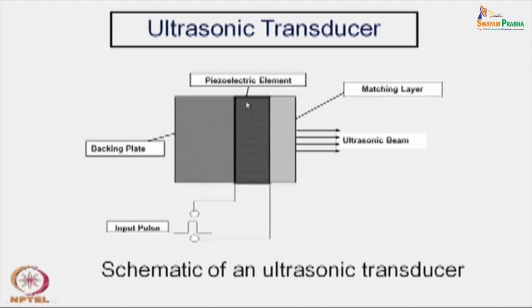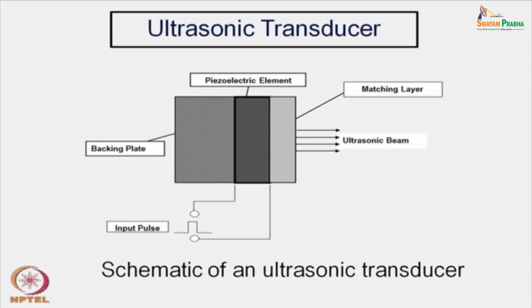We will mention one application in submarines where they call them sonars, where several 100 kgs of PZT material can be used for that purpose. So, ultrasonic wave generators can be from very thin to very large sizes.